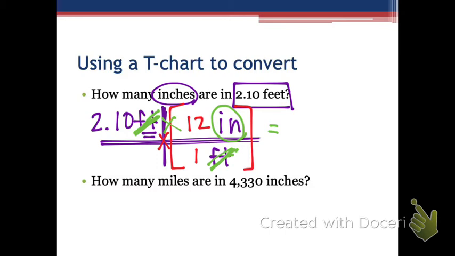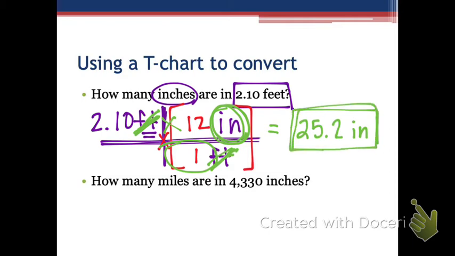And then I'm going to divide it by the whole bottom. What number's on the bottom? 1. So if I need to divide it by 1, do I need to plug that into my calculator? No, right? 2.10 times 12 gives me 25.2. And the units that go with that then are inches. Okay, so that is how many inches are in 2.10 feet.